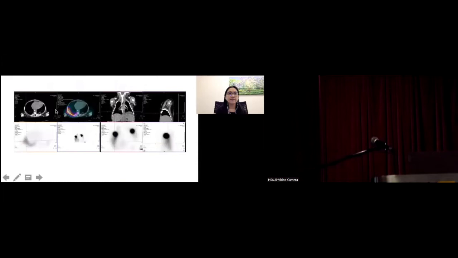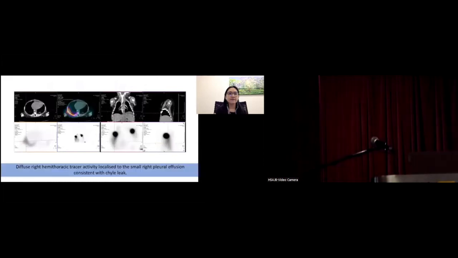And we can see that now there's this diffuse uptake at the right hemithorax, localized to the small right pleural effusion consistent with chylothorax.